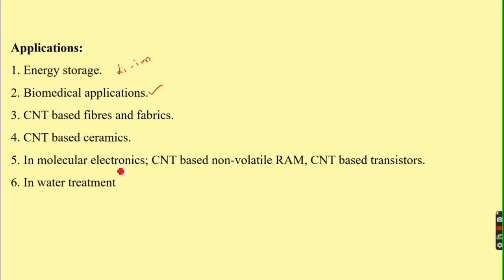It is used in molecular electronics, CNT-based non-volatile RAM, and CNT-based transistors, and CNT is used as fibers, fabrics, etc. Even CNT-based ceramics and emitters are used, and energy storage. And it is used as a membrane in water treatment.